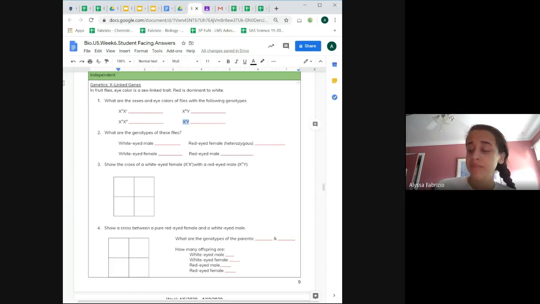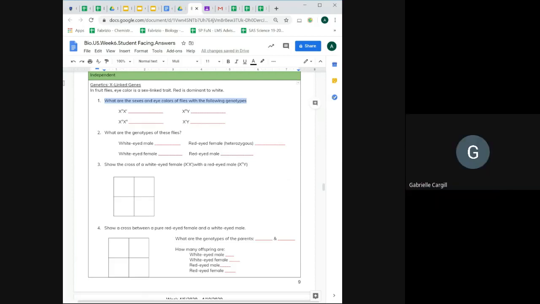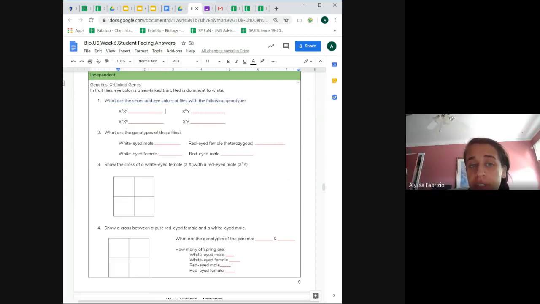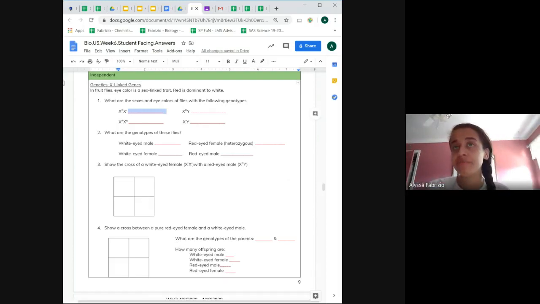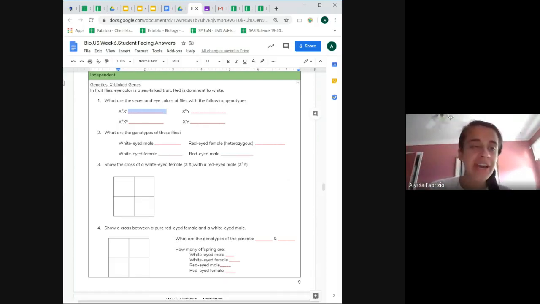So we were discussing what different sex chromosomes and different sex-linked traits look like. In this specific example, we were talking about fruit flies, which are those tiny little flies that are so annoying around the house.